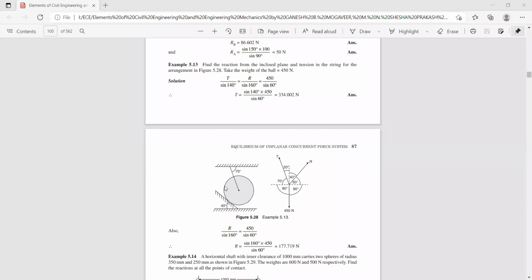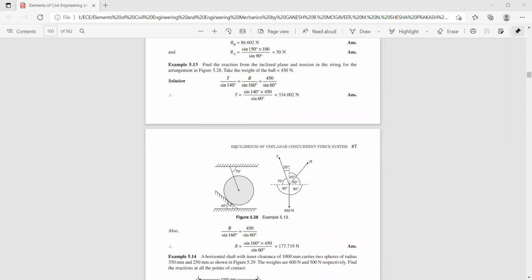And this sphere or ball is supported on an inclined plane, which makes an angle 40 degree with respect to the horizontal axis. We have to find the tension in this string and also the reaction from the plane on the sphere, because the sphere is making contact with the plane.